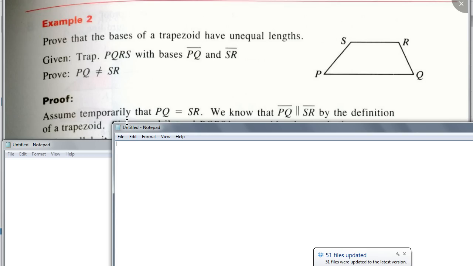Quadrilateral PQRS is what? Do you remember the theorem, Nicholas? If you have a quadrilateral and you happen to note that the opposite sides are both parallel and congruent, what can you conclude?